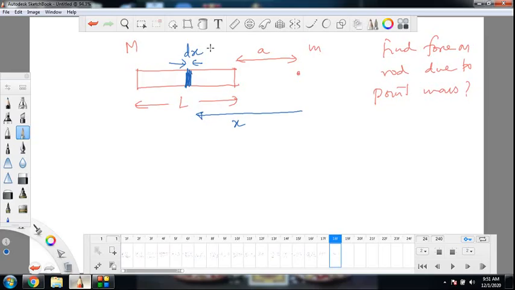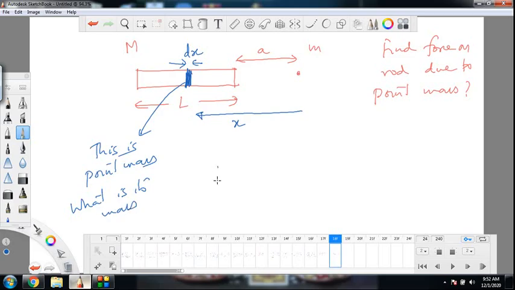That dx, you can say it is a point mass. Why? Whenever you say quantities like dx, dy, dz, they tend to zero. So this length dx is tending to zero, which means that piece of the rod is a point mass. Then immediately, the question comes: what is its mass?